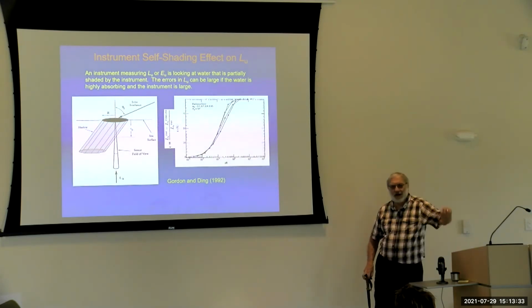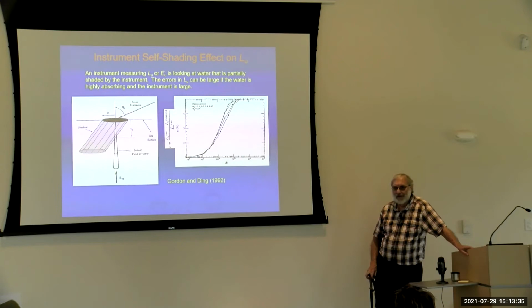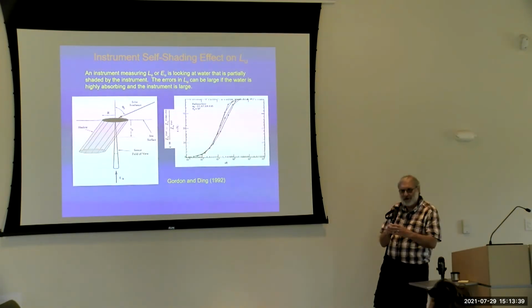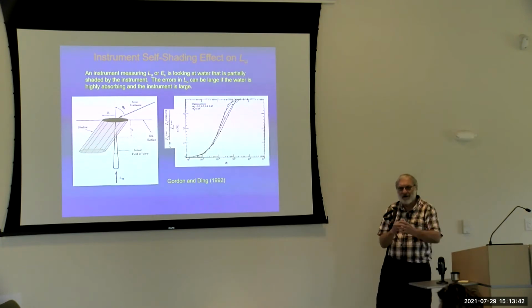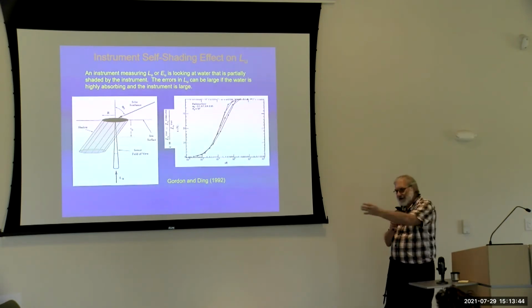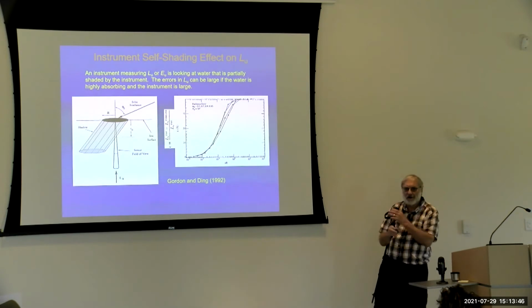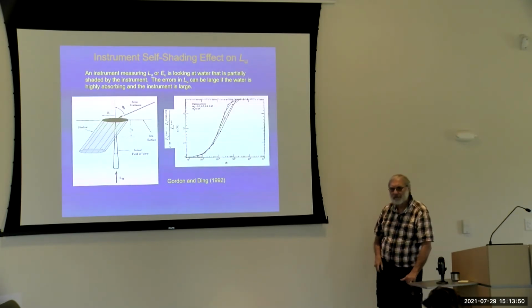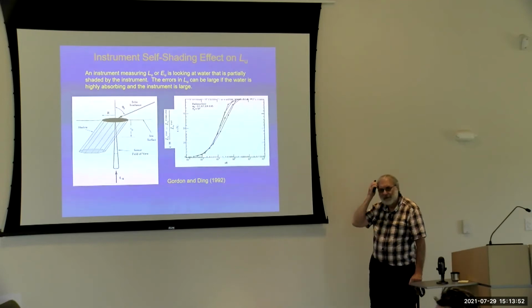But then again, maybe your instrument's small, but it's on this big package, and that thing swings around between the sun and whatever. And this is assuming it's far away from the boat. It's like off the dock side.